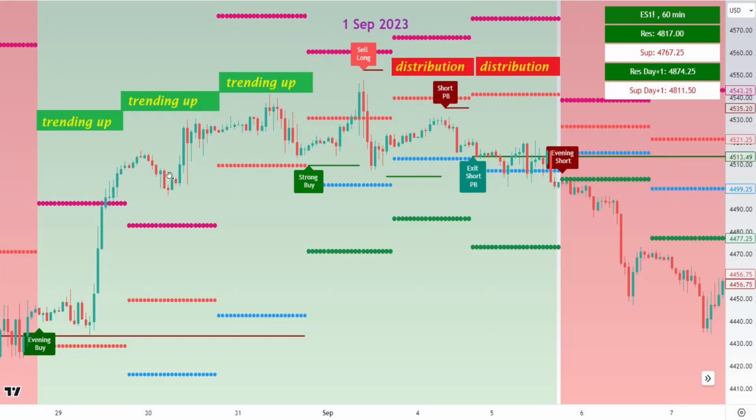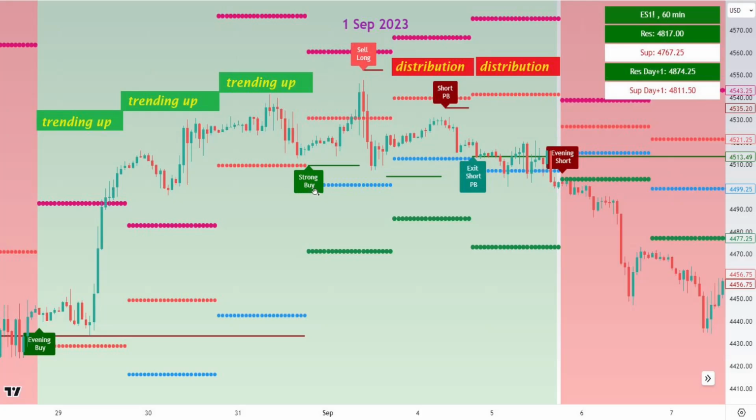The next day, the whole day was spent over the secondary resistance. And the next day, we see some slowing down because price spends the day over the daily resistance, but way under the secondary resistance. So that was the sign of deceleration, but it was still trending up.